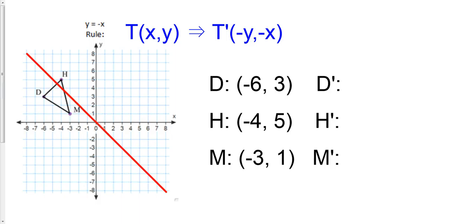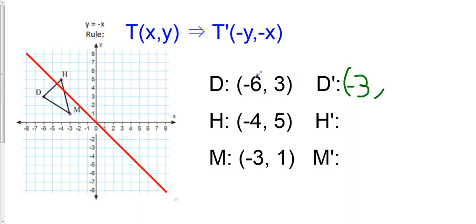So if we wanted to find our image after we reflected over that, not only do you switch your two pieces around, you also make them negative. So your y is now in the x spot, and it is negative. Your x is now in your y spot, and it is negative. So for D, if we had (-6, 3), the 3 would come over here, but it would be negative.